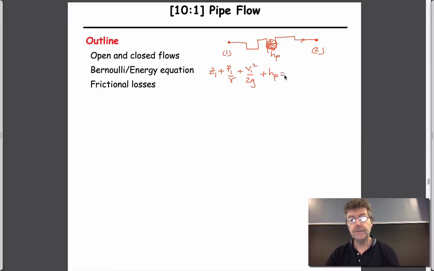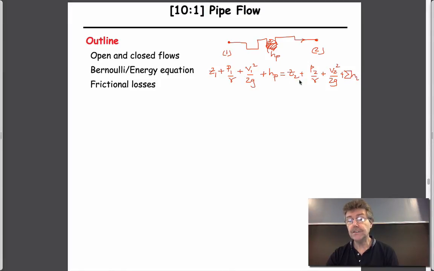And on the downstream side, we have the equivalent of each of these terms. So gravity, pressure, inertia, and also some sequence of terms which we've referred to as the loss.